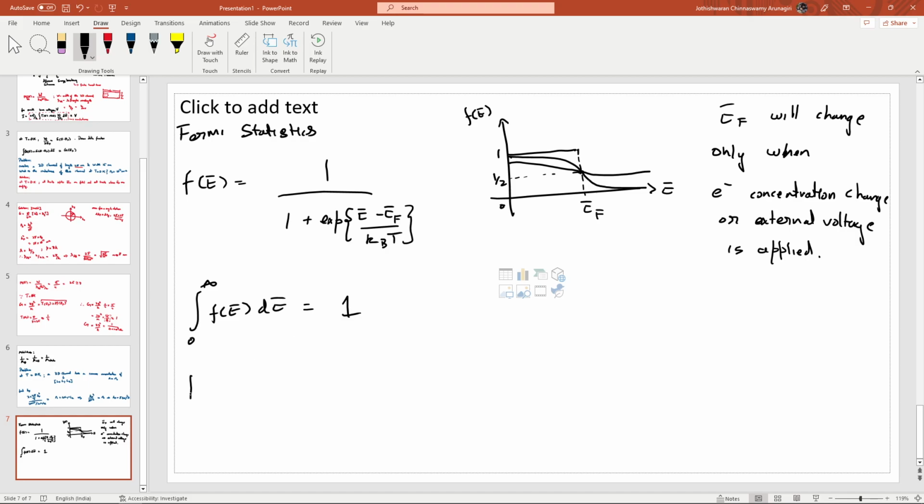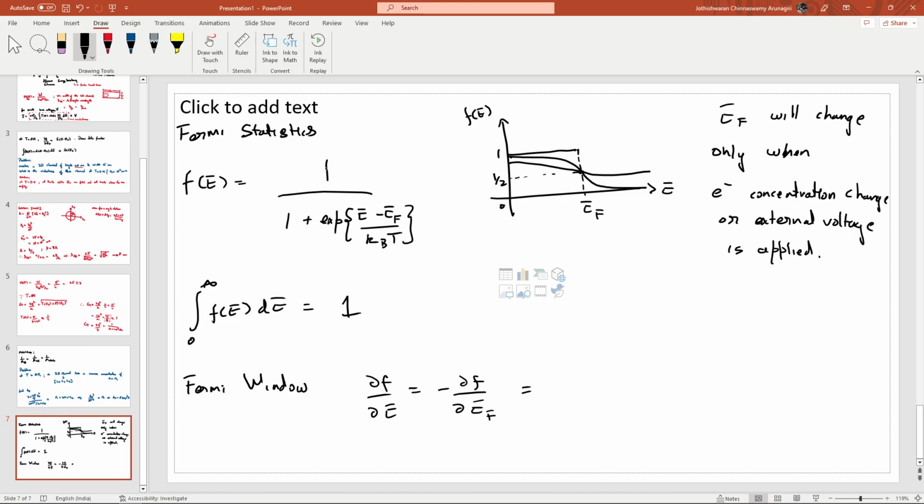And then we have the Fermi window functions. As mentioned before, the Fermi window function can be written as dou f upon dou E, which is equal to minus dou f upon dou EF. So this is a useful substitution that can be done in different situations.